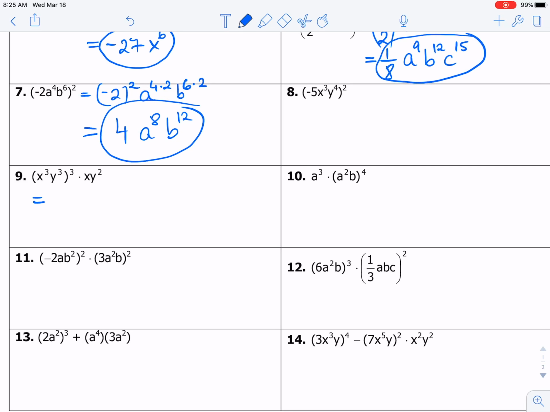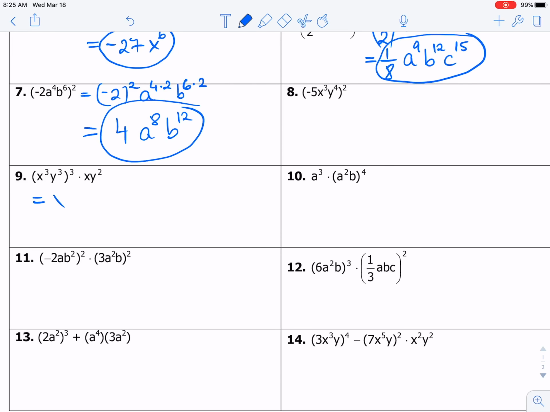Now we have two monomials, and the first one is in parentheses and cubed. So let's take a look. First we have to simplify the first one, and then we have a product. We have a multiplication of monomials, so we're going to use the product rule.